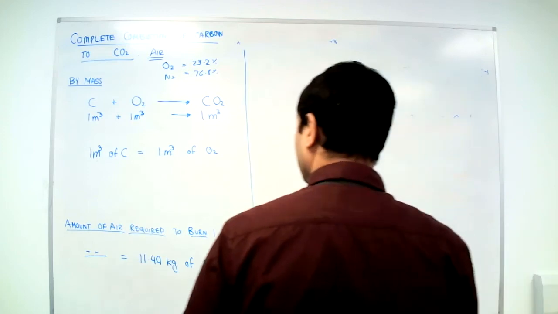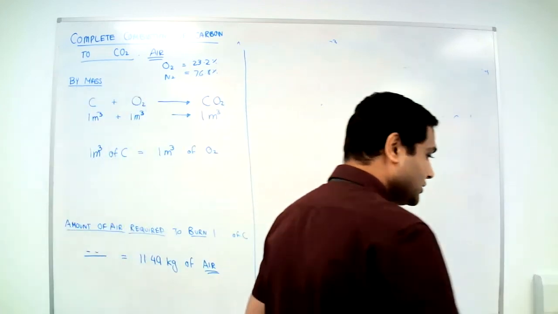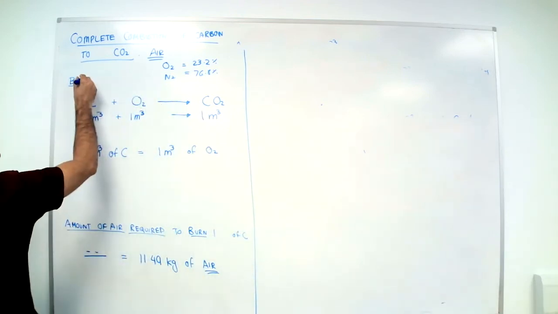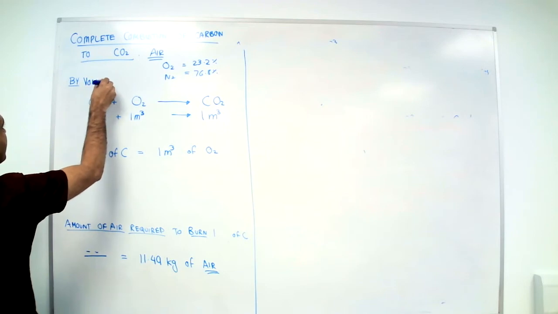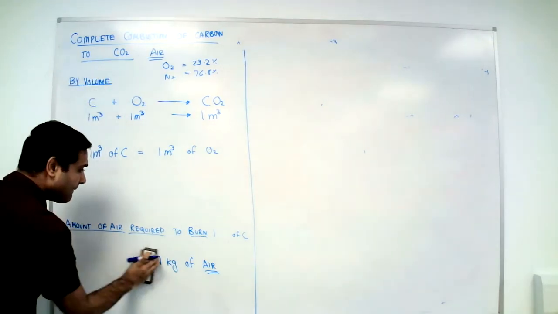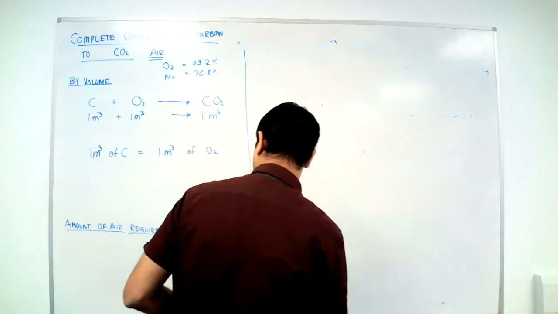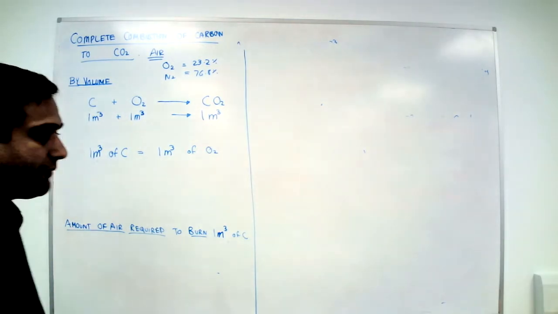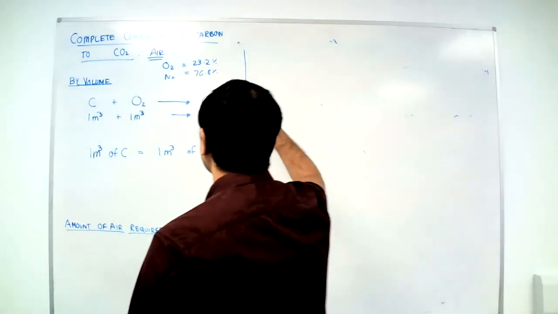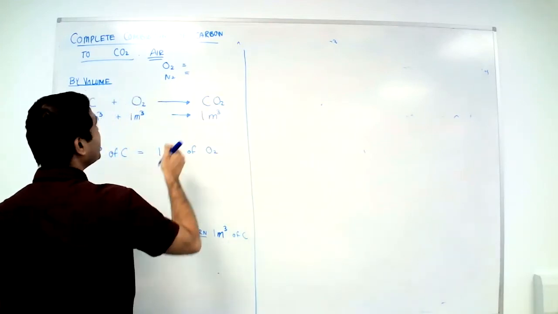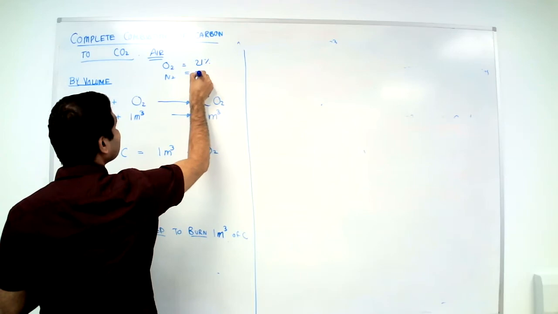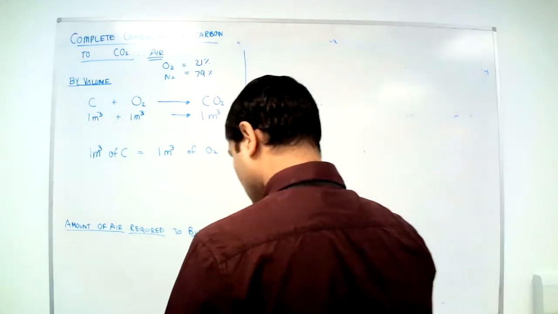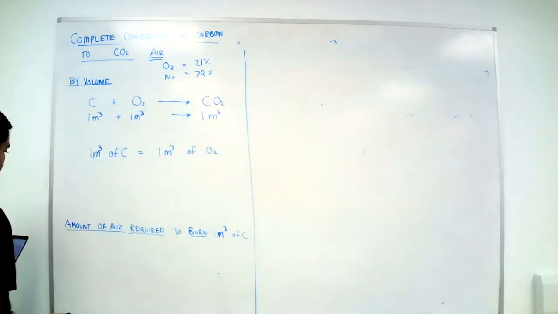Now we need to find out how much volume of air is required. So this is the volumetric analysis. To do that, we have a volumetric ratio: 21% oxygen and 79% nitrogen.